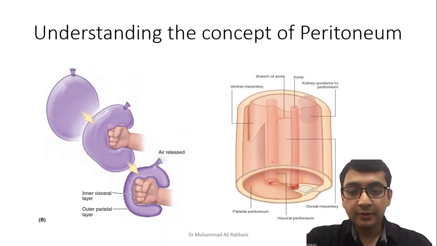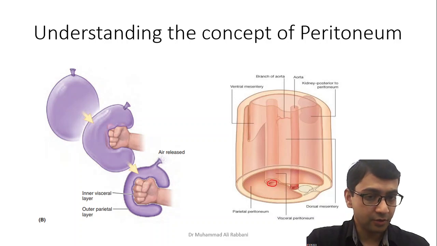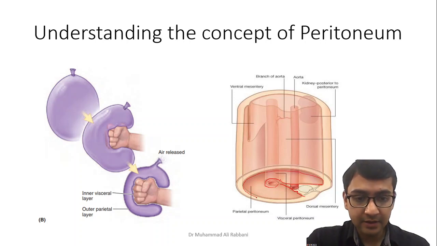In the case of the peritoneum, you can see it very well in this demonstration. Here is the gut; you can consider it the stomach, small intestine, or any part of the gut, and here the visceral layer is completely surrounding it. This is the point of reflection. In this case it is extended into a long form, so it is known as the mesentery, and after the mesentery there is the lining that lines the body wall.